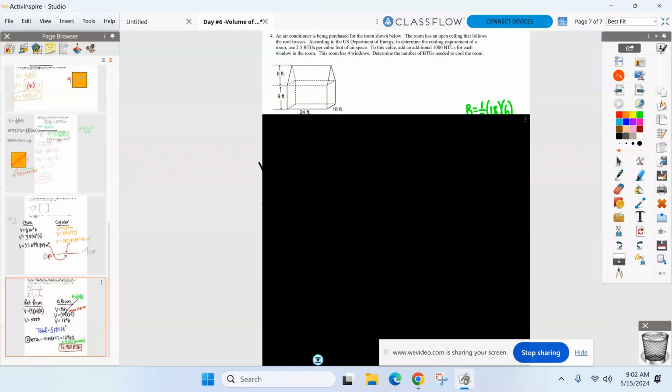Up top, you have a triangular prism, which we did yesterday. On the bottom, you have a rectangular prism, which we did yesterday. 2.5 BTUs for every cubic foot. So you're going to have to find the volume of that house first in your group, and then figure out how many BTUs you're going to need to cool the house.